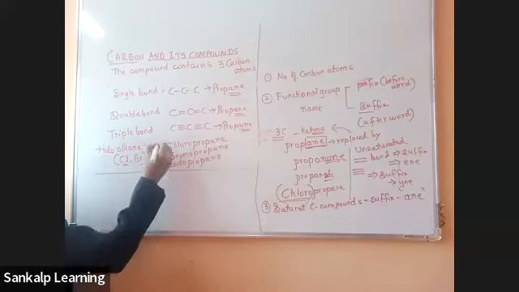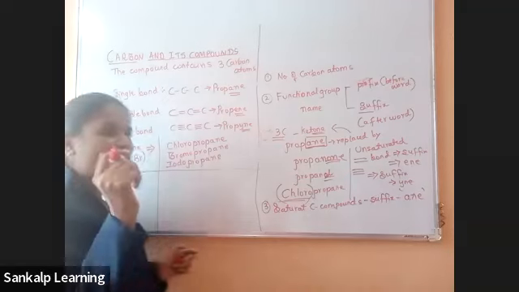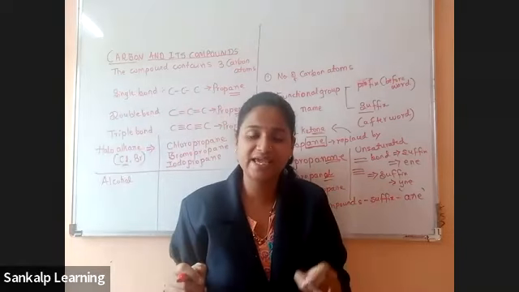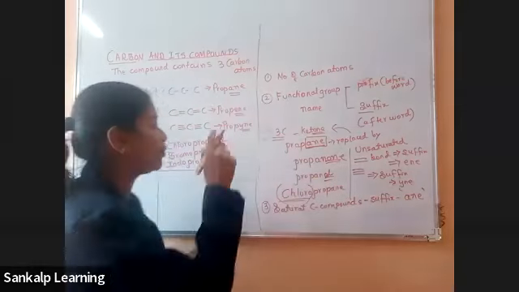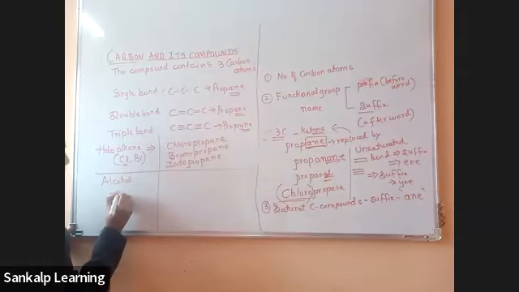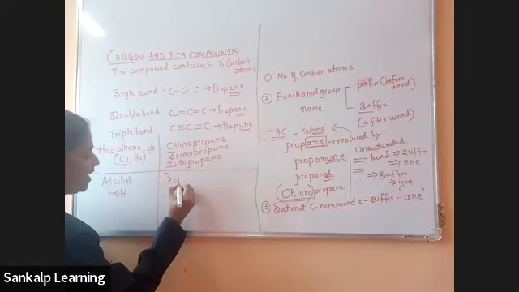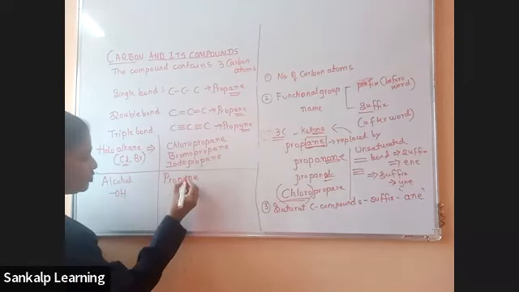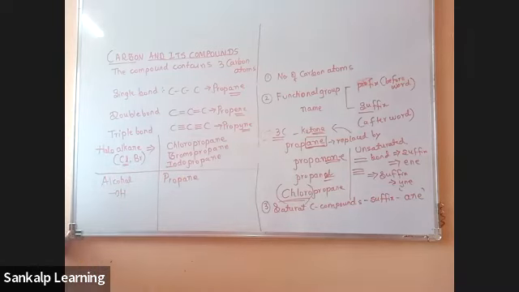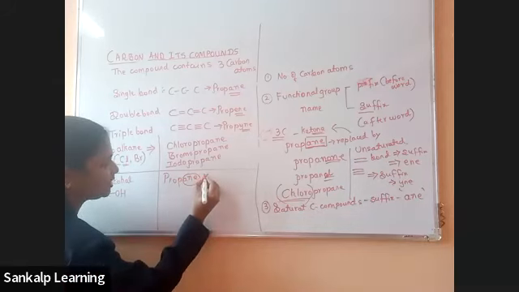Now, if alcohol functional group is attached, alcohol functional group means if one H is displaced or replaced by OH group in a propane, so here it will be propane, right? When alcohol group is attached, so what happens here? Suffix ane will be removed.